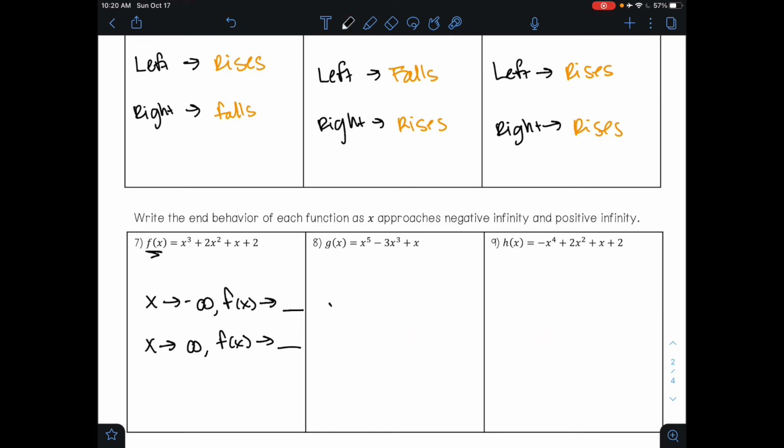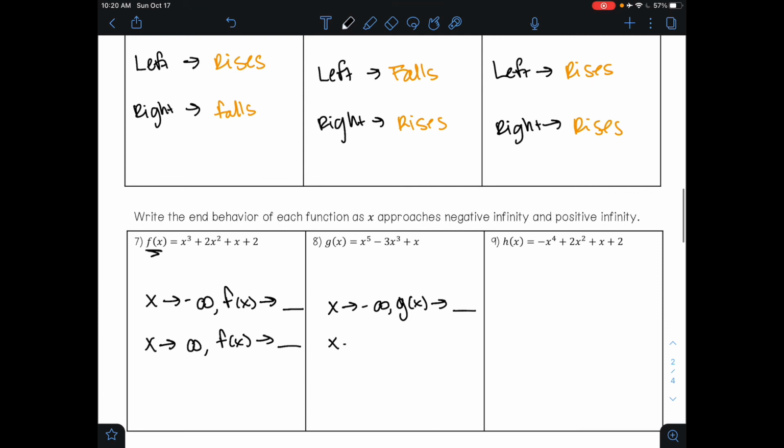So as x approaches negative infinity, I want to figure out what g of x is doing. And again, I'm just using whatever function they gave me here. If they gave me h of x, I would write h of x. If they gave me y, I would write y. Whatever's here goes in this spot. And as x approaches positive infinity, I want to figure out what g of x is doing.